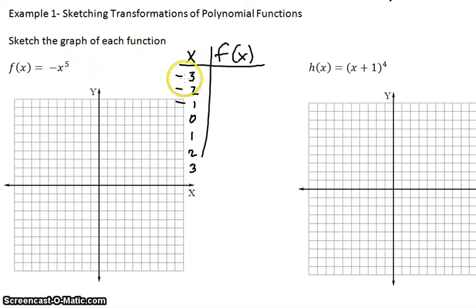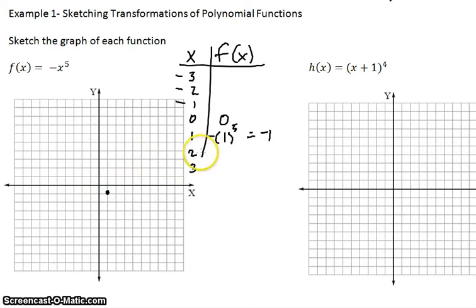So if I take -3, well, first of all, I'm going to use 0 because that's the quickest, because that's 0. If I plug 1 into that, we get 1 to the 5th, which is 1, but then the opposite of that is -1. So the point 1 comma -1 is on this graph.